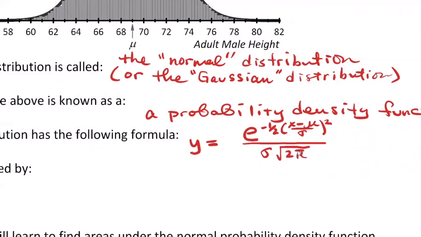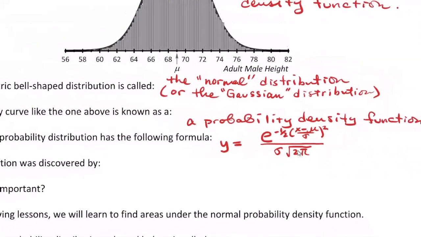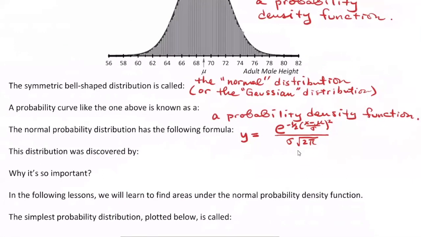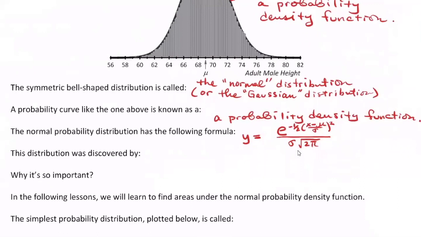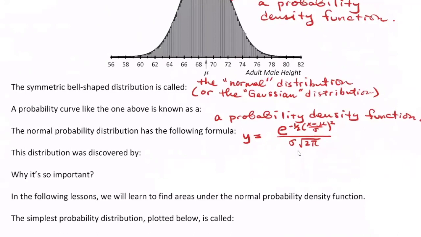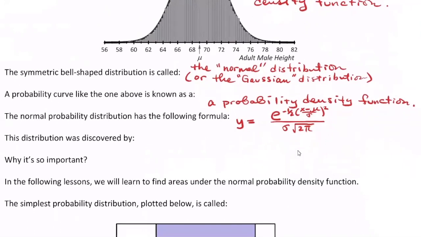That's the Gaussian distribution. And if you graph it, it makes the bell curve up above. You need to know the mean, which is mu, and the standard deviation, which is sigma. So mu is the mean for the population, and sigma is the standard deviation for the population.